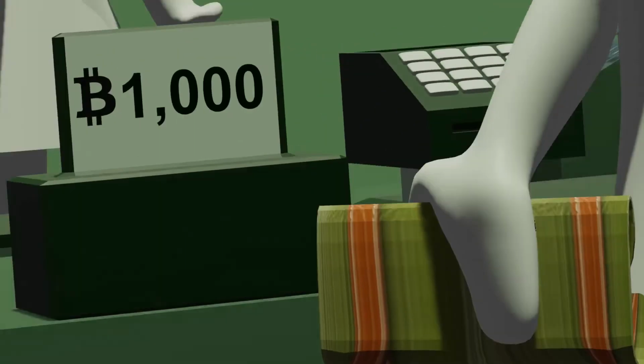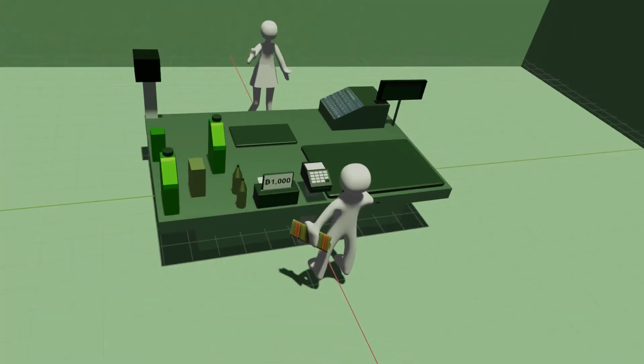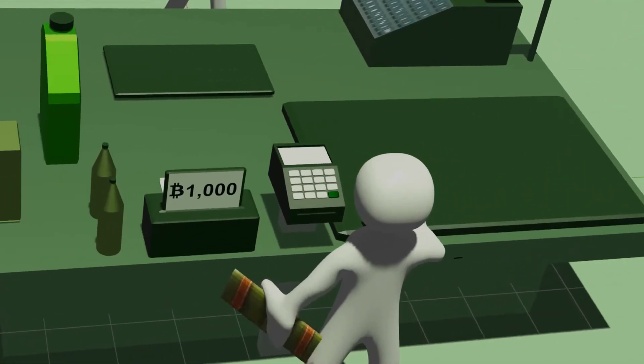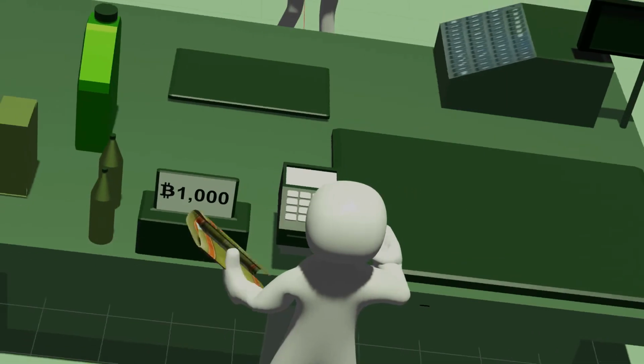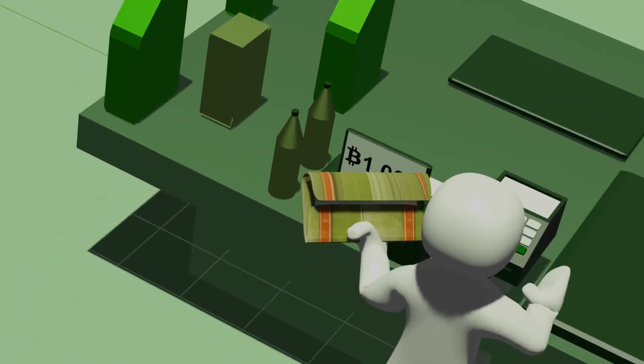After making his product selection, Toto is ready to check out, in this case by making a payment of 1000 Bitcoins. In front of him, the cashier, Tata, is waiting for the customer to make the payment. Therefore, Toto gets his wallet out.